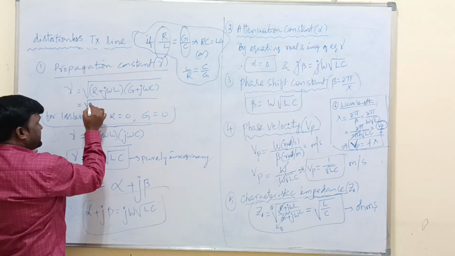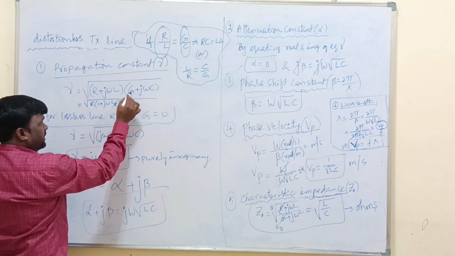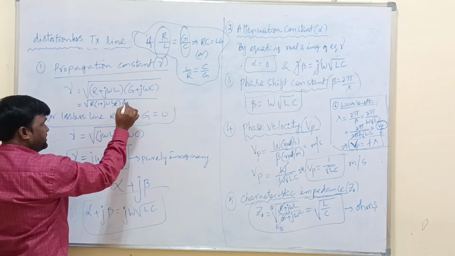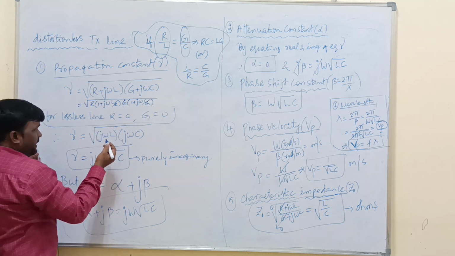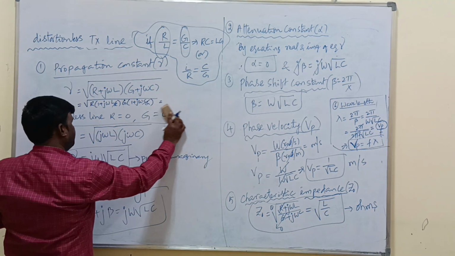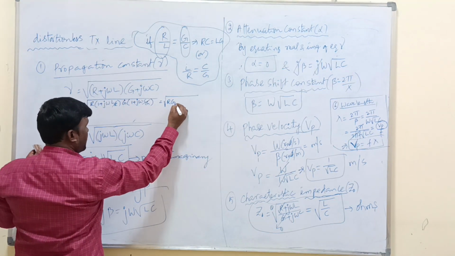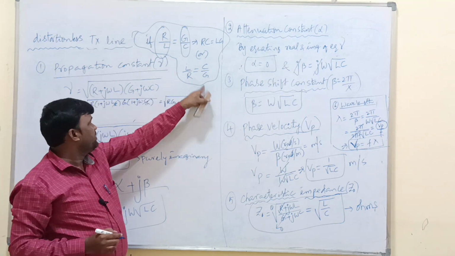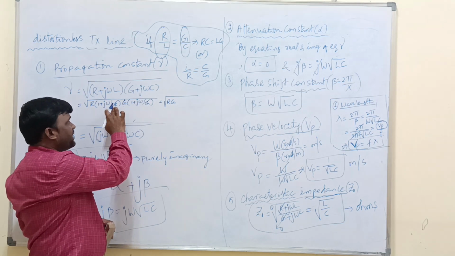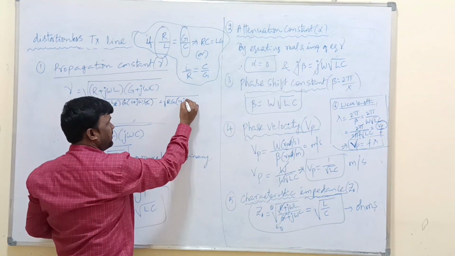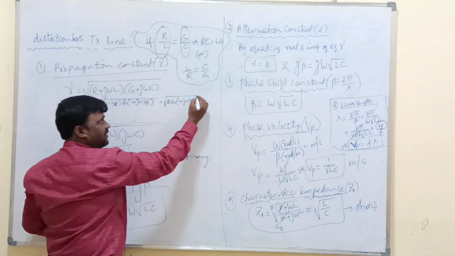Here R is taken as common, and remaining is 1 plus j omega L by R. Here G is taken as common, that is G times 1 plus j omega C by G. Combinedly it can be written as root of R into G, times 1 plus j omega L by R, times 1 plus j omega C by G. L by R equal to C by G. That means this C by G can be replaced with L by R. So 1 plus j omega C by G can be replaced with 1 plus j omega L by R. We can write it like this.